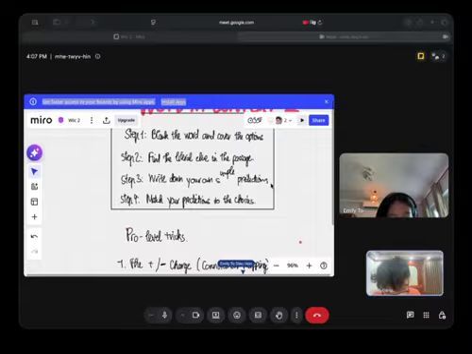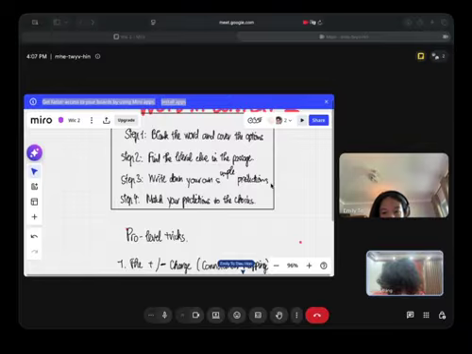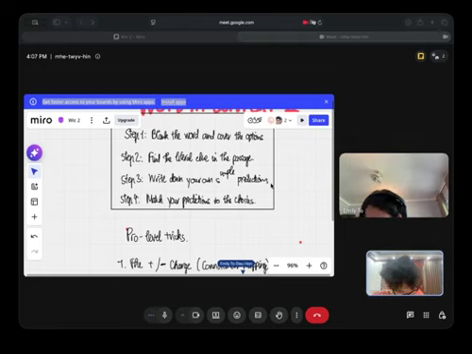So we can assign negative for that part. And to make the overall sentence positive, what should we do?